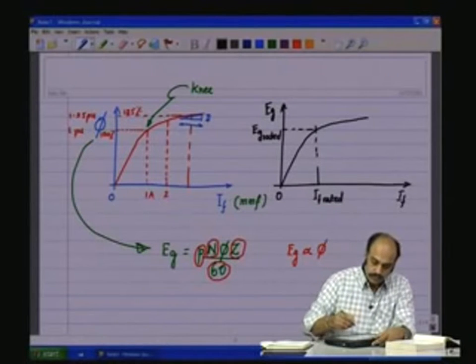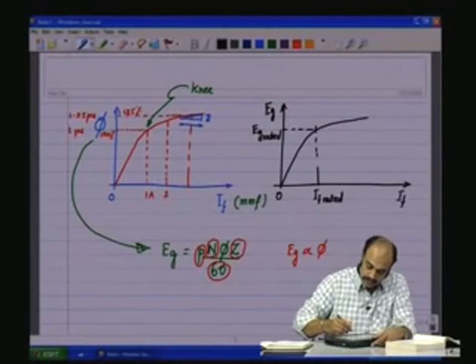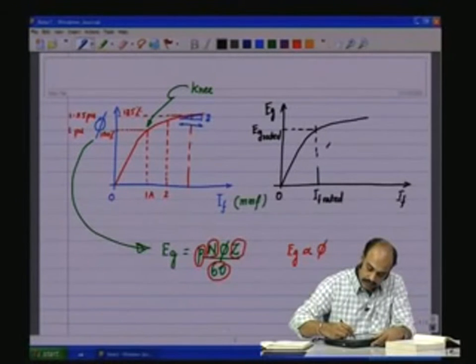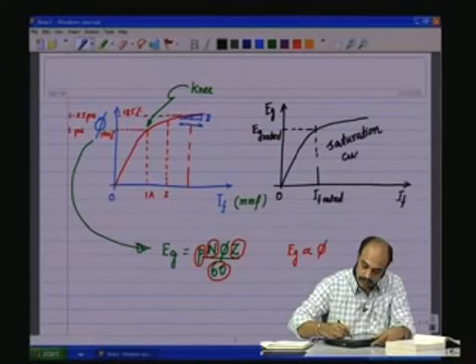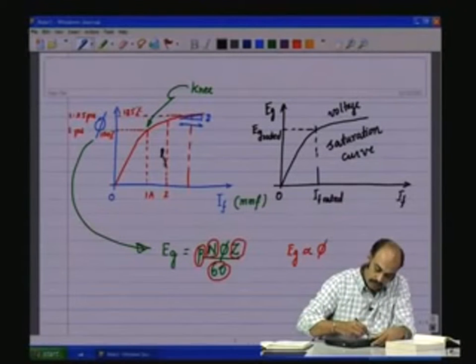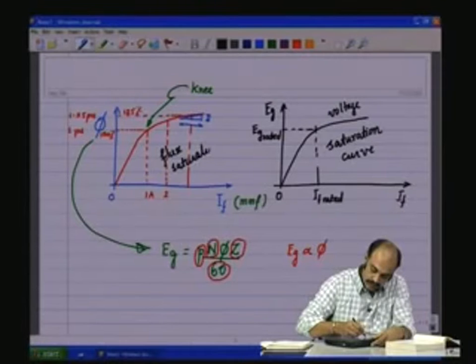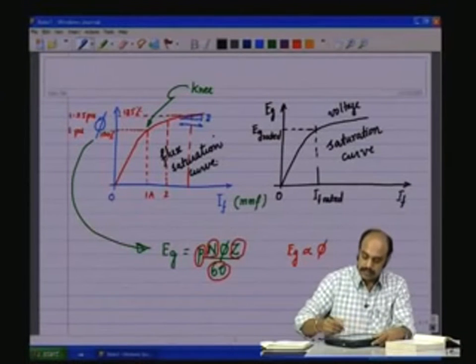So, this is called the voltage saturation curve, and this is called the flux saturation curve, and this happens even at no load.